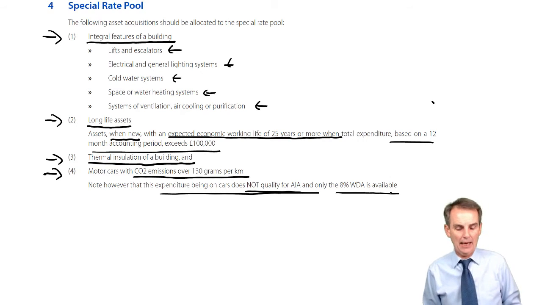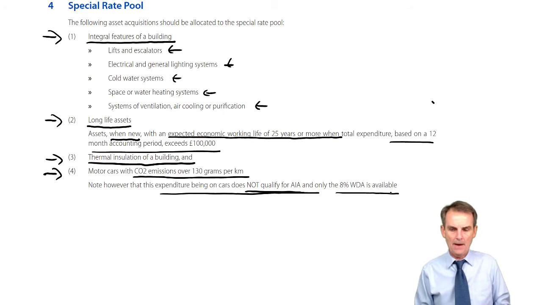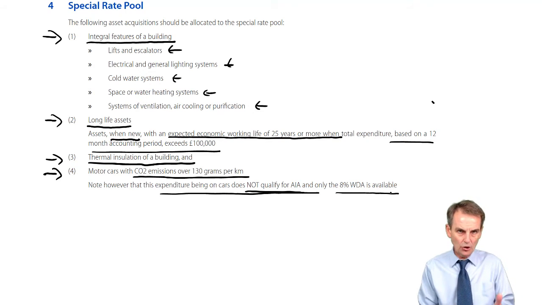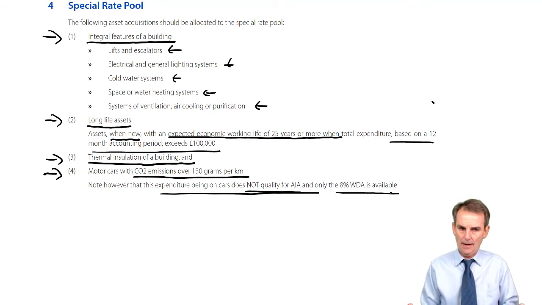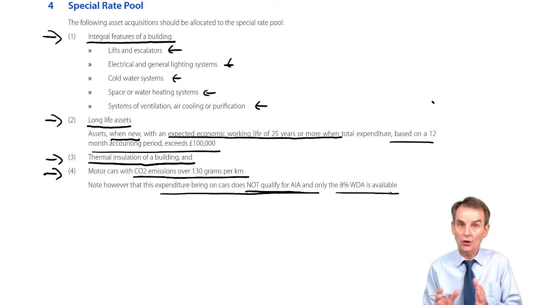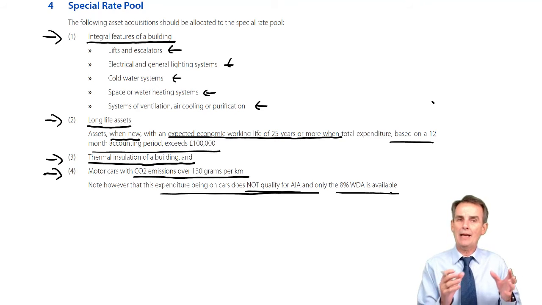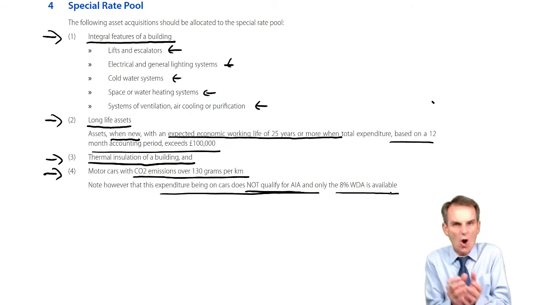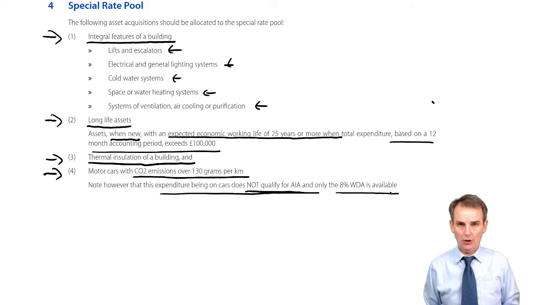Then if we find, as we've seen in the note above, that the total expenditure eligible for AIA in your 12-month period exceeds £200,000, then we look at the mix of that and we would allocate AIA firstly to the expenditure that is special rate pool, hopefully less than 200,000, so we get 100% AIA and there's nothing then left to only get 8% writing down allowance on.